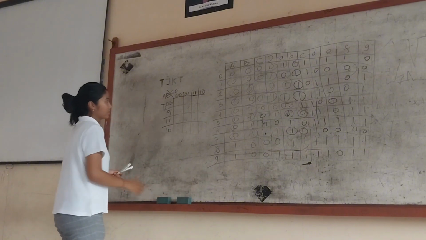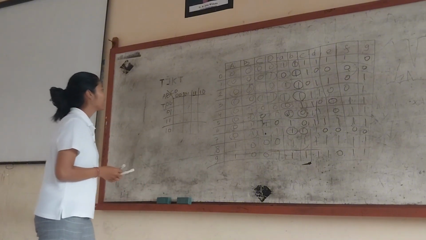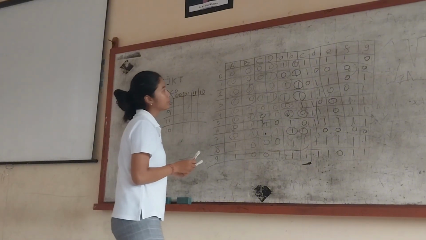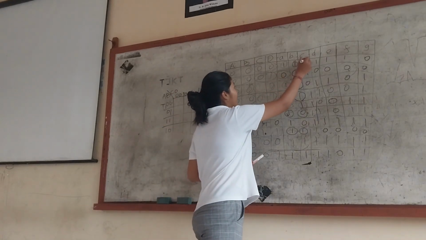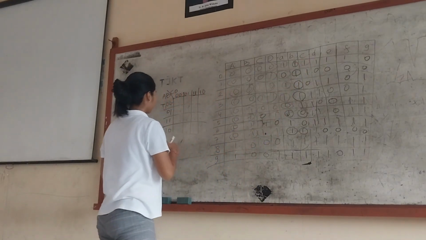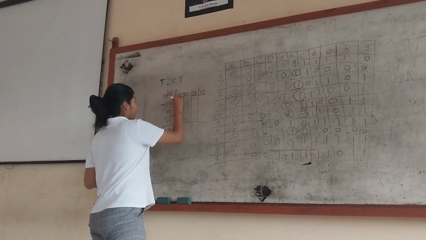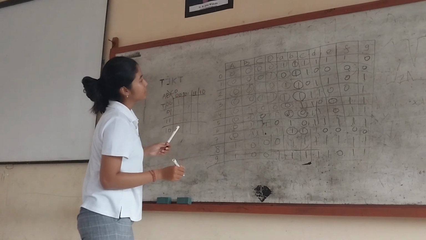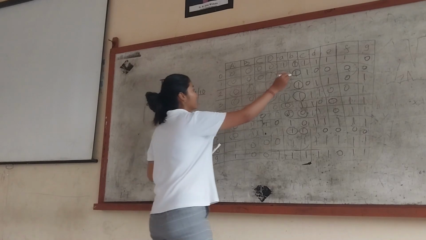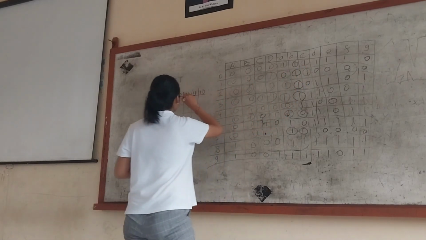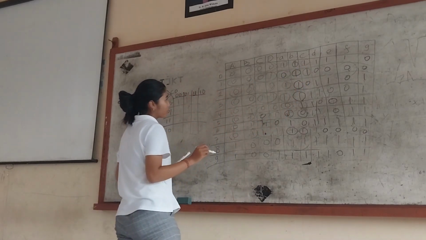So in C, same like before, we can see 0, 0, 0, 0. This has 1. So this is 1, 0, 0, 0, 1. This 1, 0, 0, 1, 1.